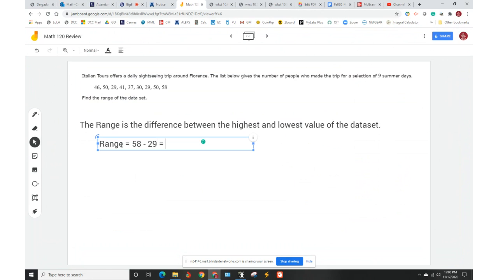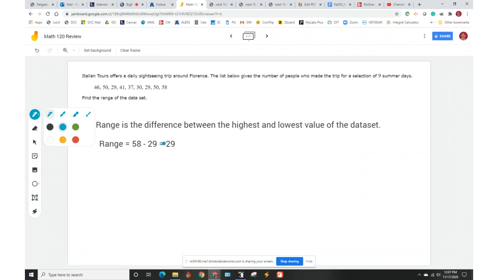Double check that for me, because like I said, I could sort them and make sure. So 46, 50, 29, 41, 37, 30, 29, 50, 58 is the highest, and the lowest is definitely 29. And so 58 minus 29 is 29. So there's your range.